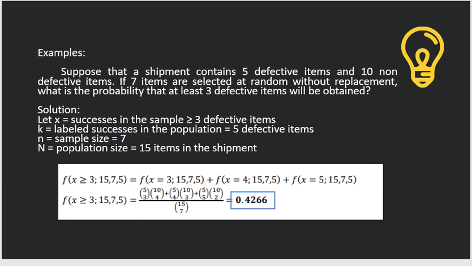So let X be the successes in the sample, greater than or equal to 3 defective items, and we have K, the labeled successes in the population, equal to 5 defective items, and we have your n, the sample size, equal to 7, and the population size N equal to 15 items in the shipment. Just follow the formula, our hypergeometric function. So you're going to have the result of 0.4266.